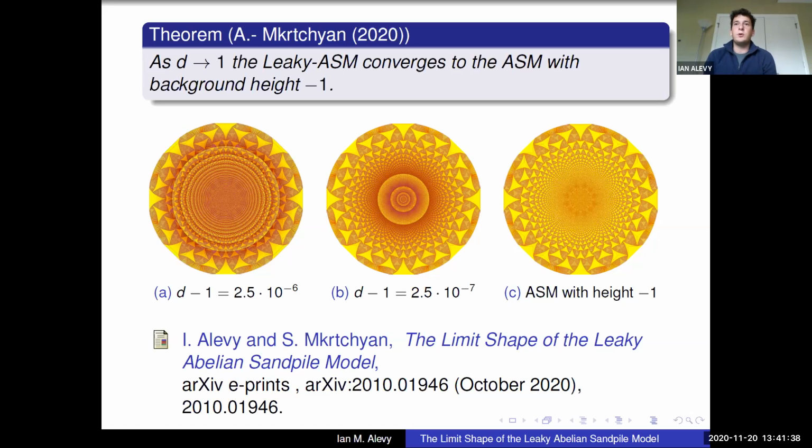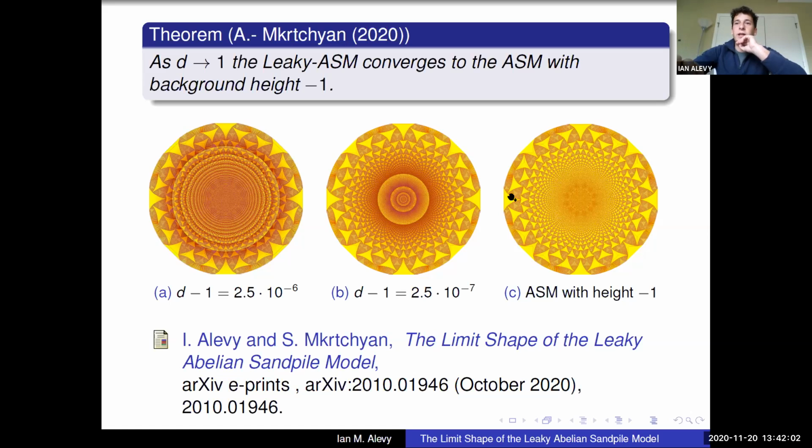But Sevak and I proved the theorem that as D goes to 1, meaning that the dissipation is disappearing, the leaky ASM converges to the ASM with background height -1. That means that each site is starting with a hole of height -1.